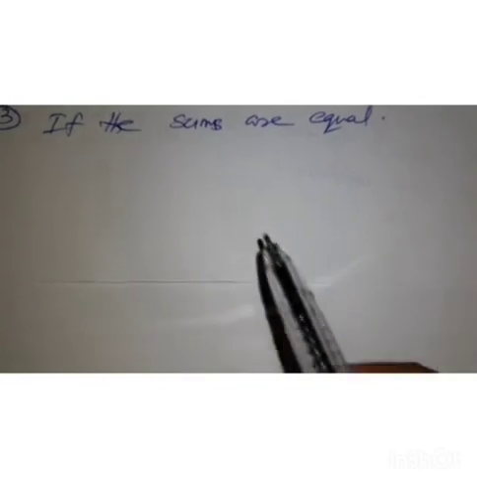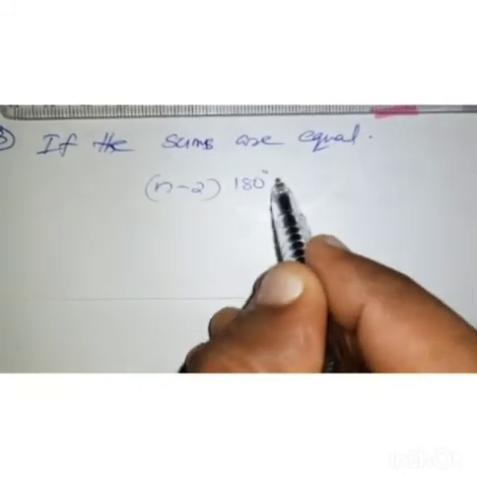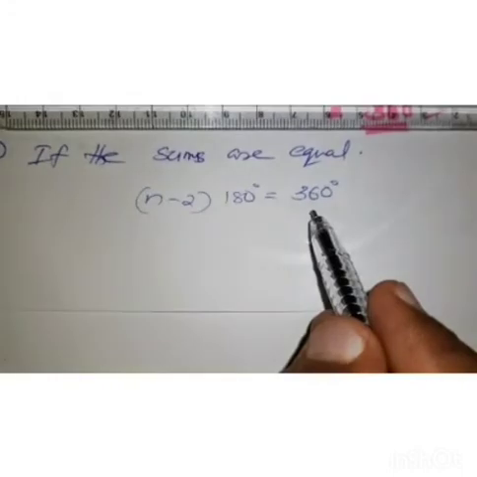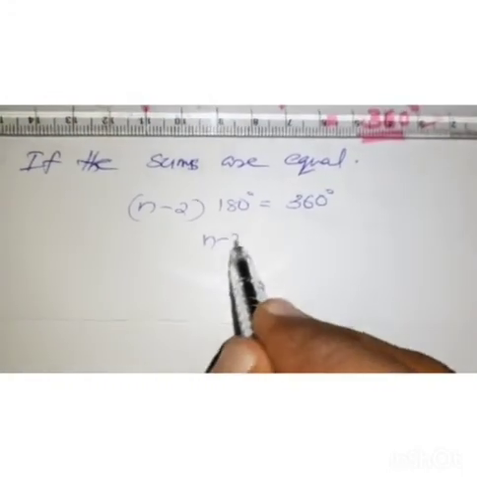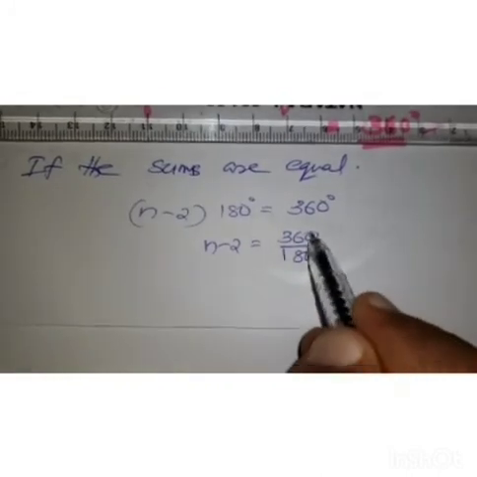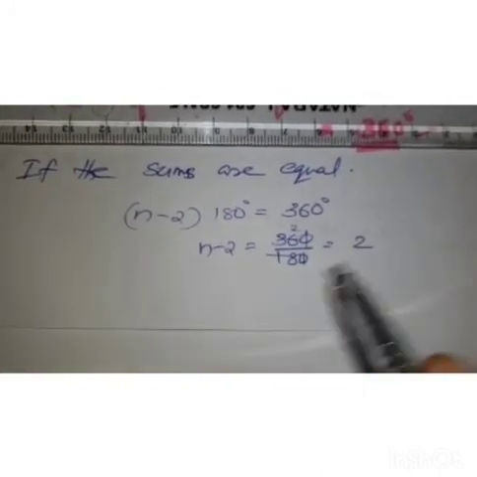This is the third one. If the sums are equal, n minus 2 into 180 is equal to 360. Sum of inner angle is equal to sum of outer angle. So n minus 2 is equal to 360 by 180. 0 is cancelled. 18 2s are 36. You will get 2.